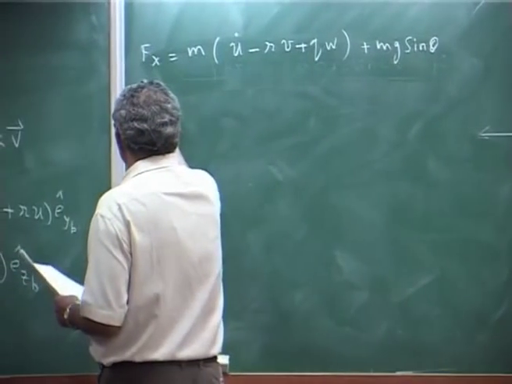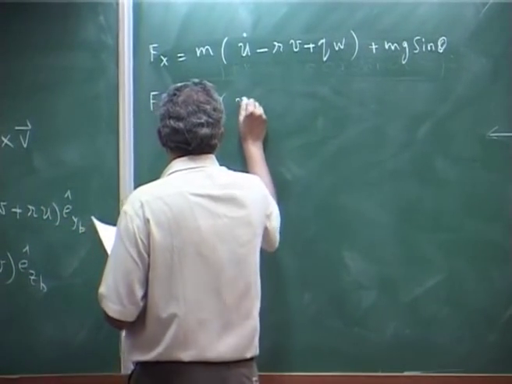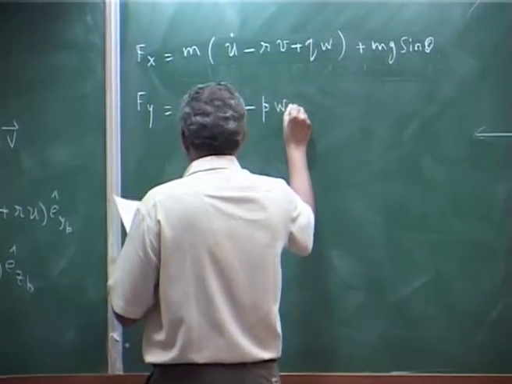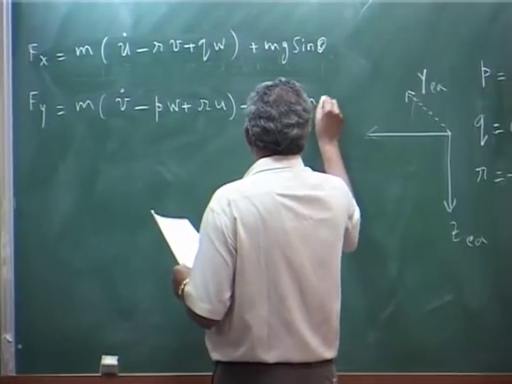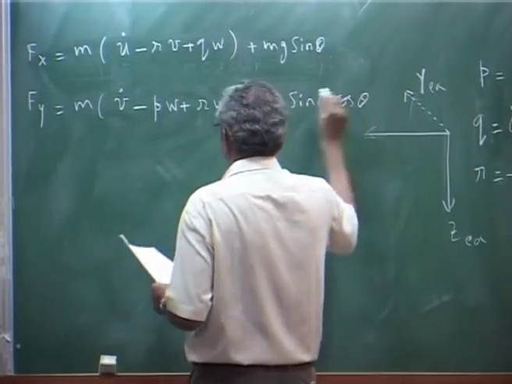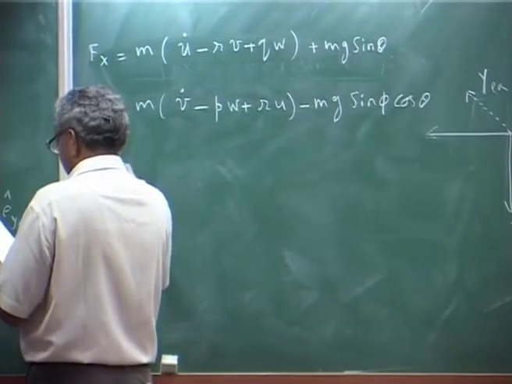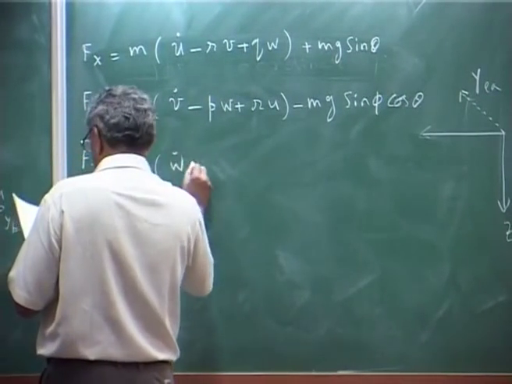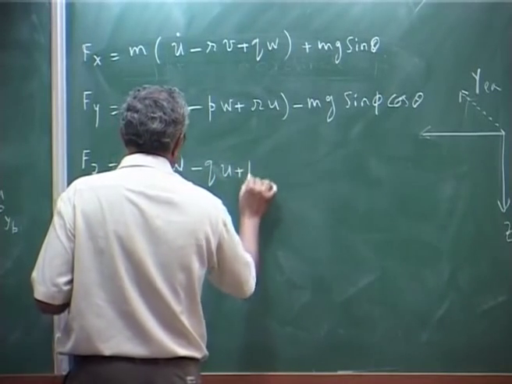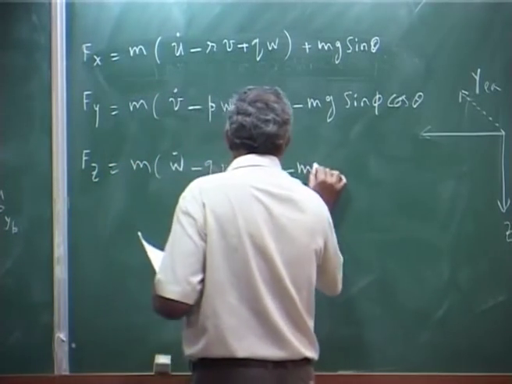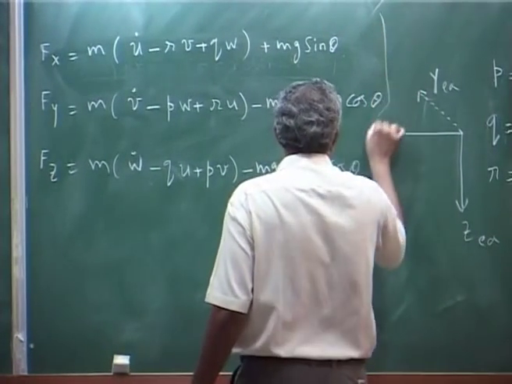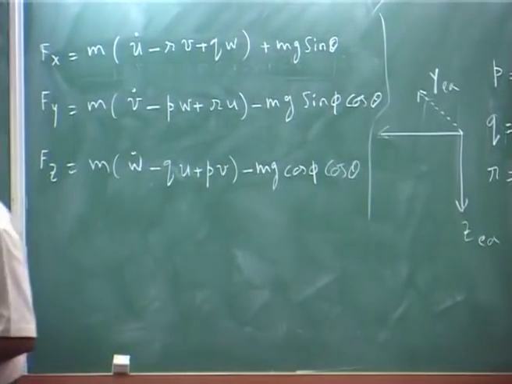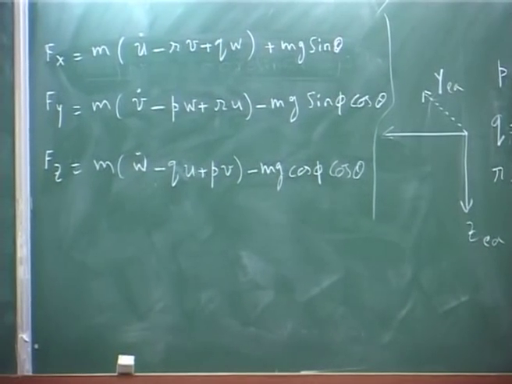Then Fy, because this is the standard way of writing, is m times V dot minus P W plus R U, minus mg sin phi cosine theta, and then Fz is m times w dot minus Q u plus P v, minus mg cosine phi cosine theta. So, these are my 3 force equations. If you look through the transformation relation, you will find that this is very obvious.